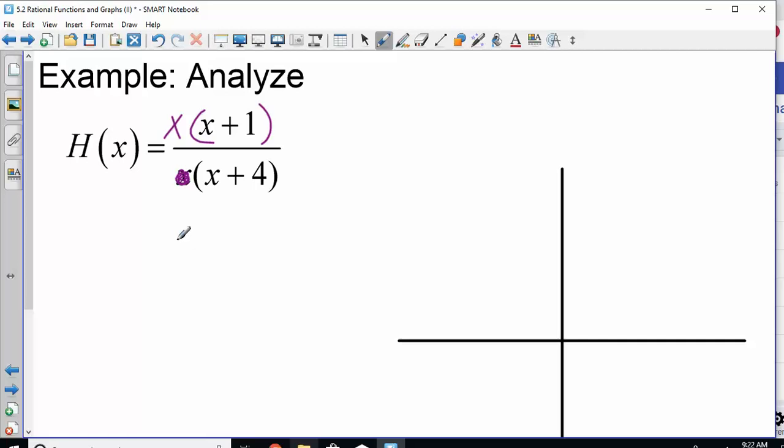Okay, this one is factored for me, so I get to skip that step. Nothing cancels, so we get to jump right to the intercepts. What are my x-intercepts? What makes the top 0? Cross the x-axis twice: 0 and -1.